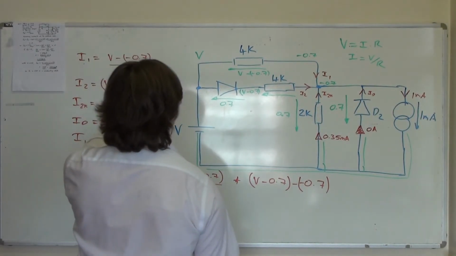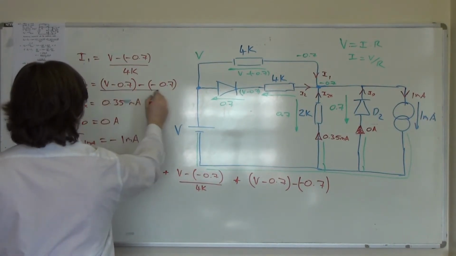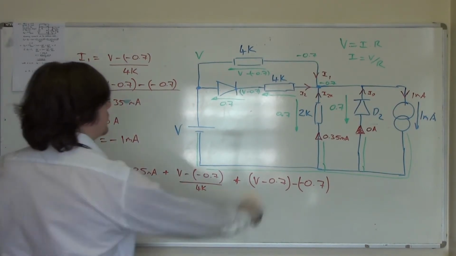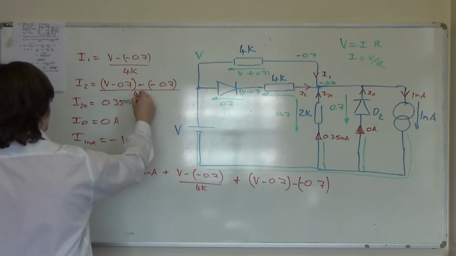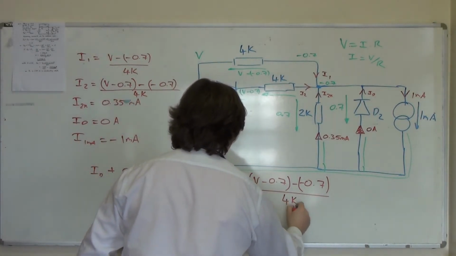Oh, I didn't do the value of the resistor, did I? Sorry, this is divided by, and it's I2, so it's 4K. Oops. And there's 4K there.